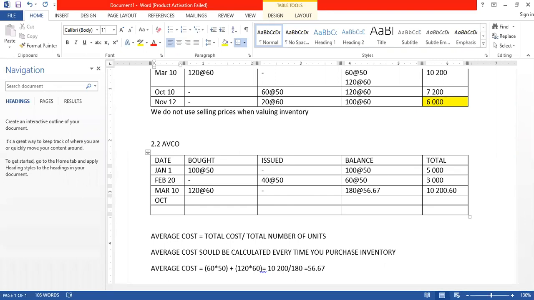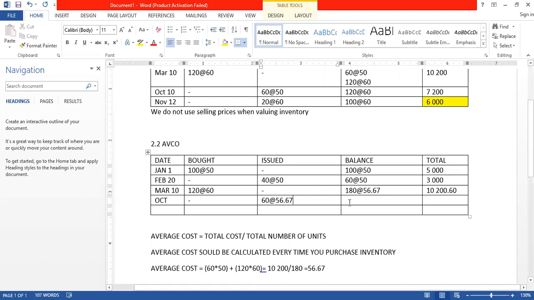So what did we do in October? In October, we did not buy, but we sold how many units? We sold 60 units. At what price? At the new average cost that we calculated. So it will be 60 at 56.67.